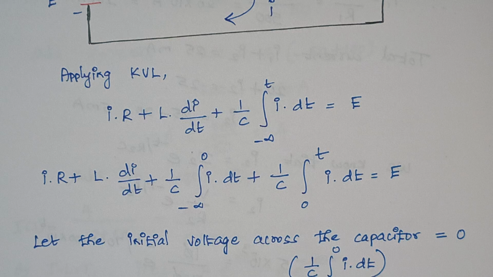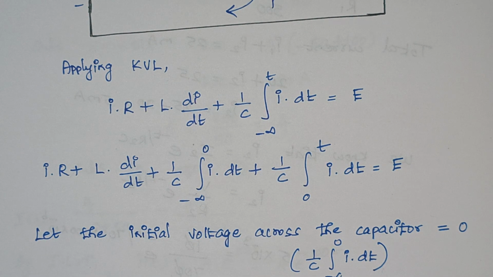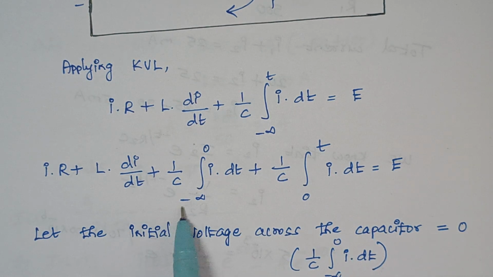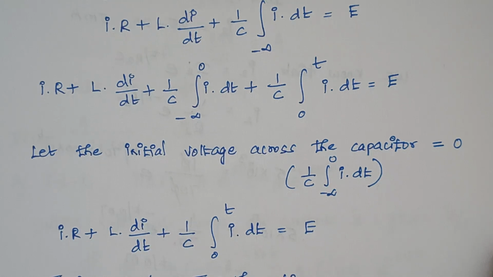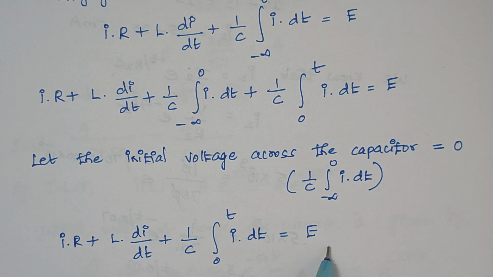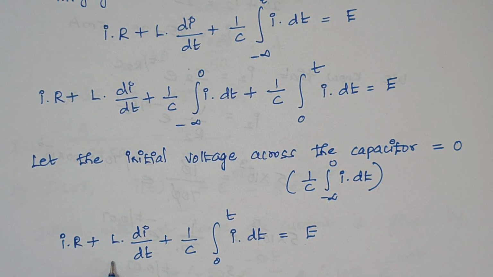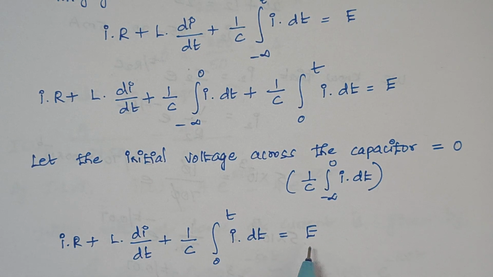In this discussion, we are considering the initial voltage across the capacitor as 0. Therefore, this term will reduce to 0. So when you make that term 0, here comes our expression: I into R plus L into di by dt plus 1 by C integral of 0 to t of I dt is equal to E.